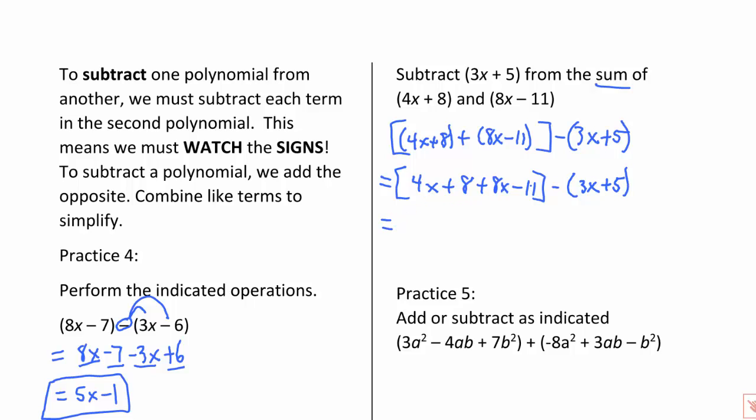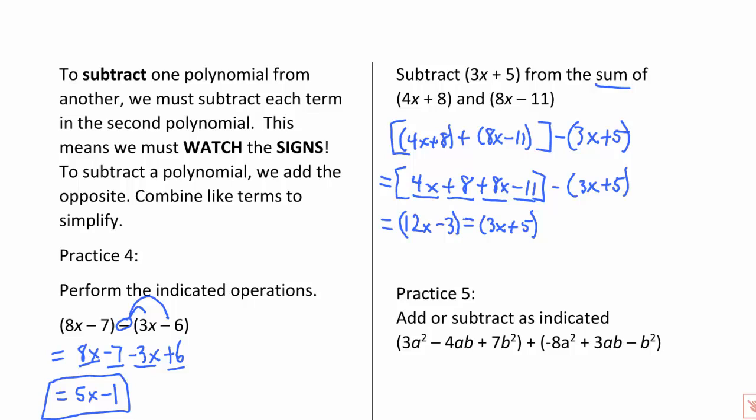And then add like terms within the square bracket. So we have 4x plus 8x, that gives me 12x. Then we have 8 minus 11, which is negative 3. So basically this is 12x minus 3 minus 3x plus 5.